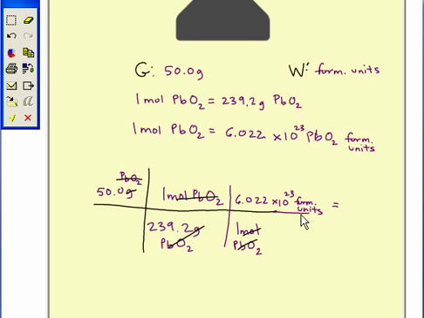And then I'm left with the units of formula units, which is exactly what I want. Then I'm going to let my calculator do the math, multiply by what's on the top, divide by what's on the bottom. And my calculator tells me 1.258779264 times 10 to the 23.